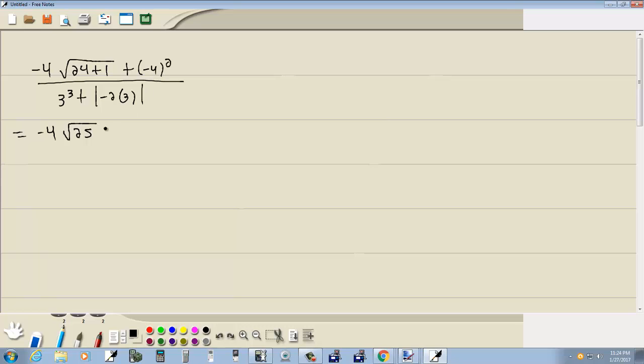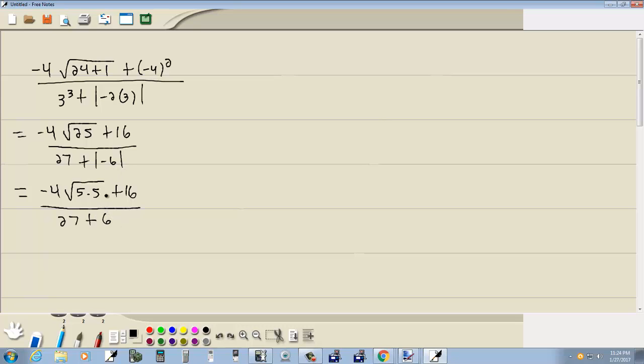And here, negative 4 squared, negative 4 times negative 4 is positive 16. 3 to the third is 27. 3 times 3 is 9, times another 3 is 27. Plus, absolute value, negative 2 times 3 is negative 6. Now, 25 is 5 times 5 if I do the prime factorization. And down below here, the absolute value of negative 6 is positive 6.